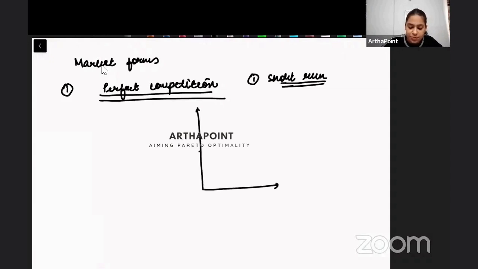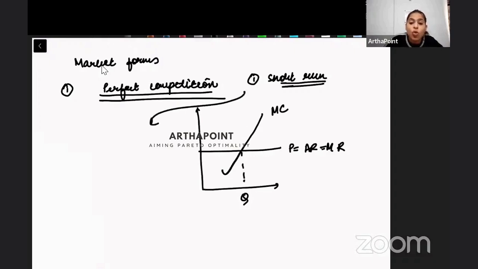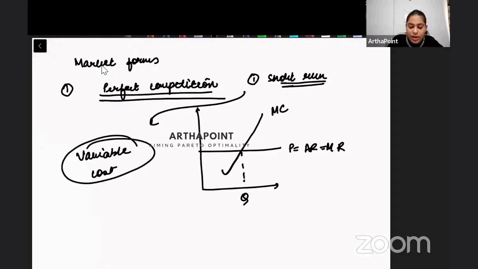I must know that P equals AR equals MC equals MR, and that this is my equal to MC point here, and this is my quantity. I must know that in the short run, the aim is only to cover variable cost. So if you ask me when I will shut down in the short run, I will do so if my price is not able to cover my variable cost.